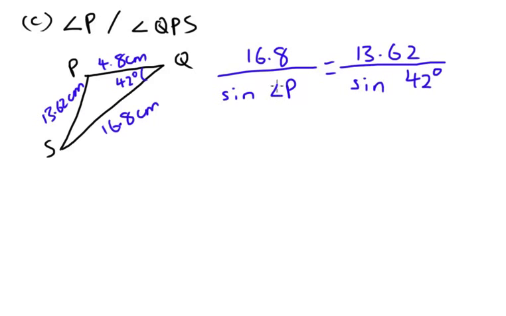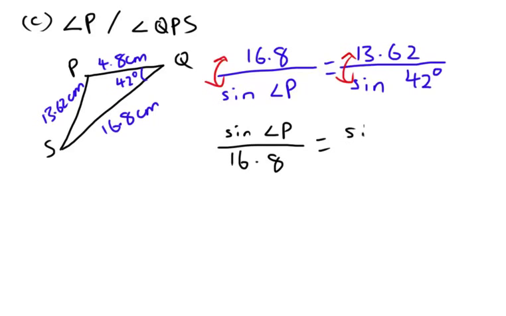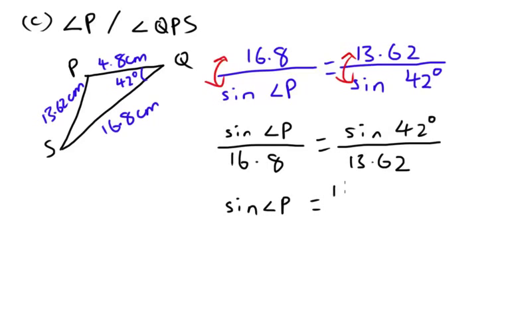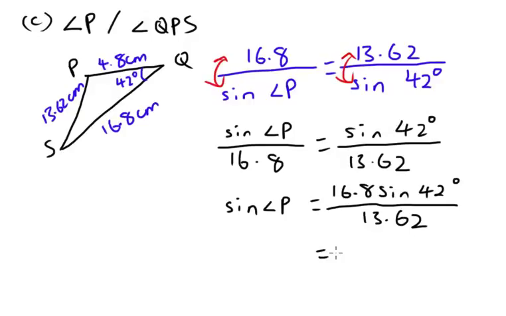Because we want to find the angle, we flip upside down. So sine angle P over 16.8 equals sine 42 degrees over 13.62. So sine angle P is equal to 16.8 sine 42 degrees over 13.62.